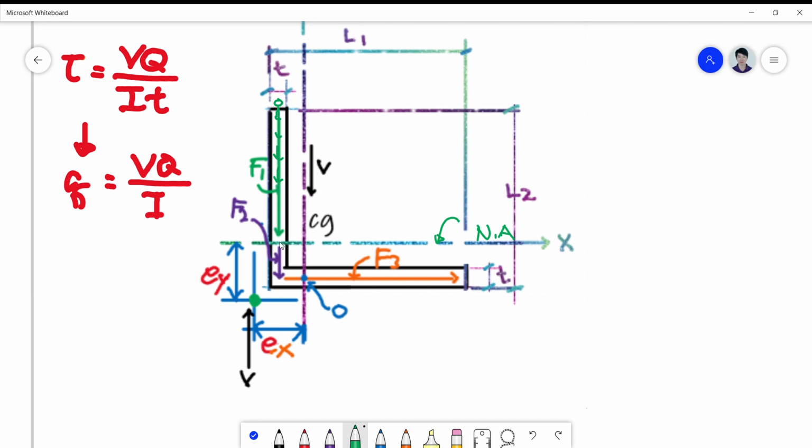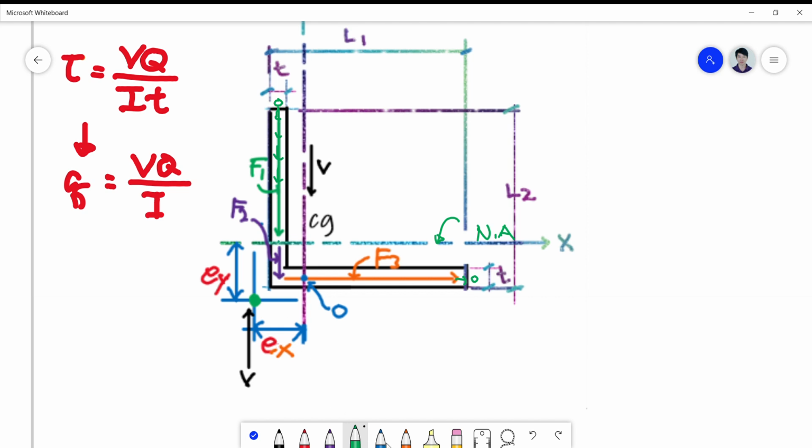Then at this point, it suddenly decreases a little bit until it flows to the right, and then it reaches a very small value here, 0. In short, we can convert this q into F1, F2, and F3 by simply taking the average of the shear flow values from 0 to a maximum.